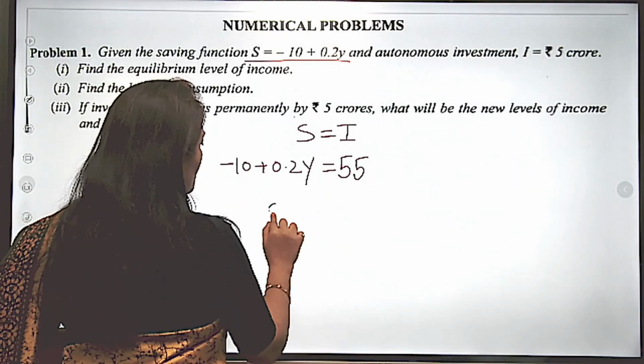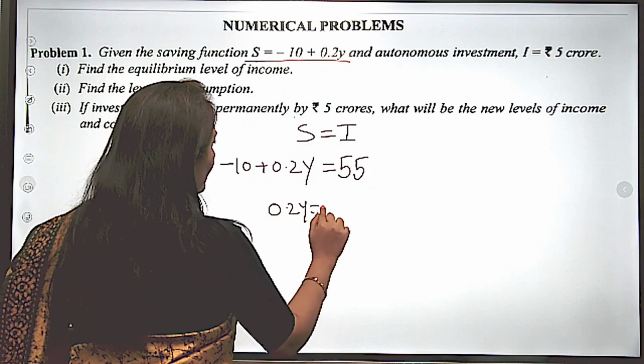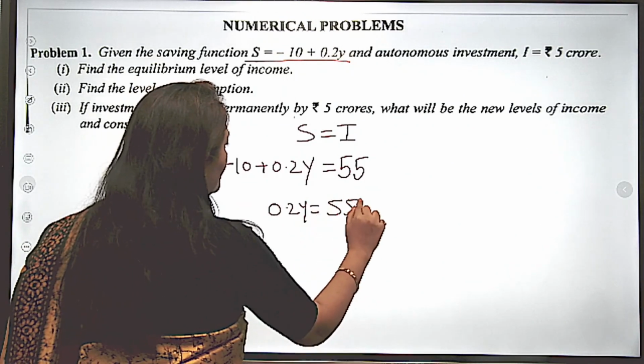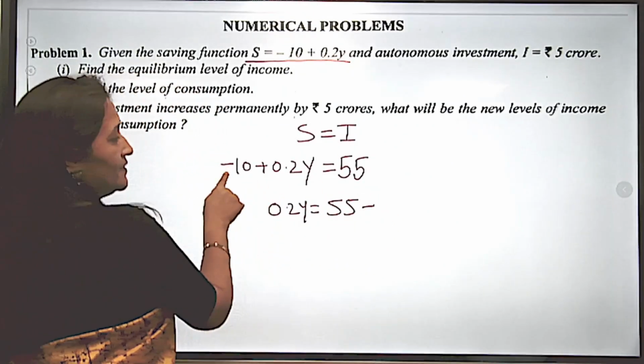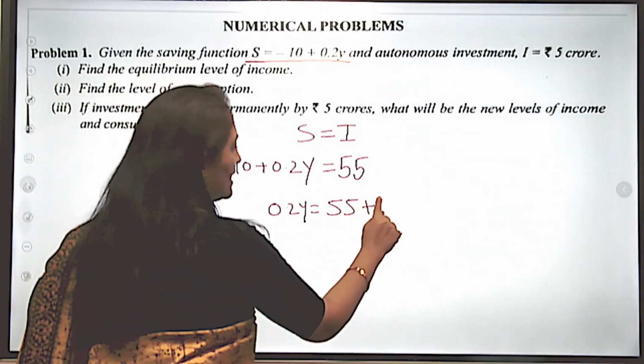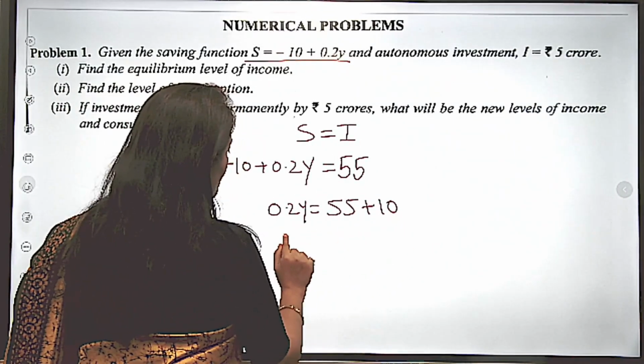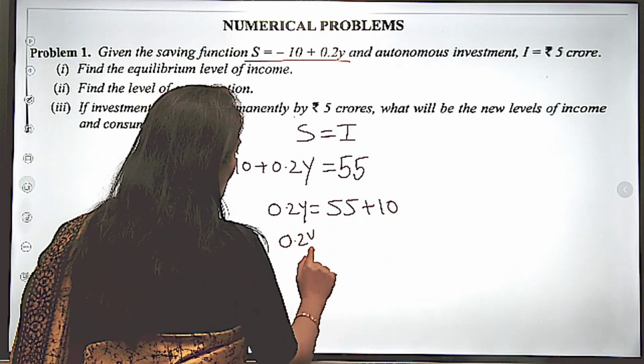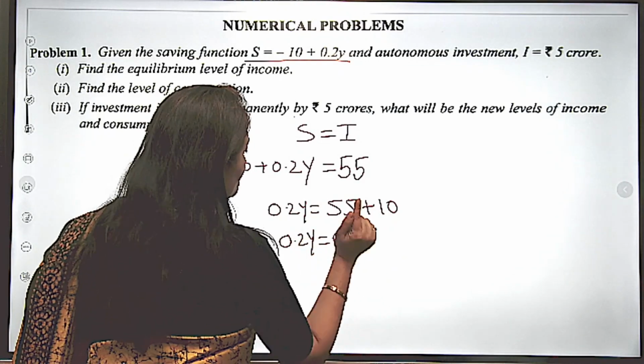Let's solve it. 0.2 of Y equals 55, and this is minus 10, so this side will become plus. So this is plus 65. 0.2 of Y is equal to 65 crores.